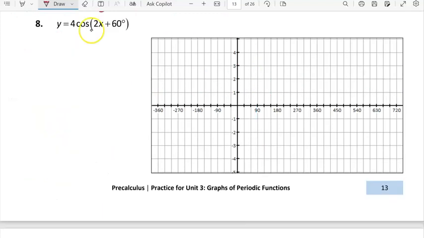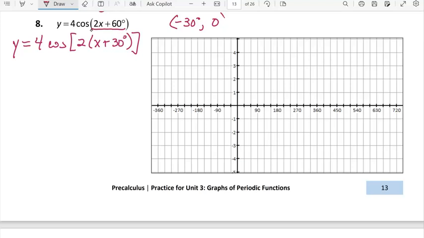For number 8, we need to address the inside of the cosine function and rewrite y equals 4 times the cosine of, now factor, 2 times (x plus 30 degrees). So what that means is that our new origin is at the point -30 degrees, comma, 0.